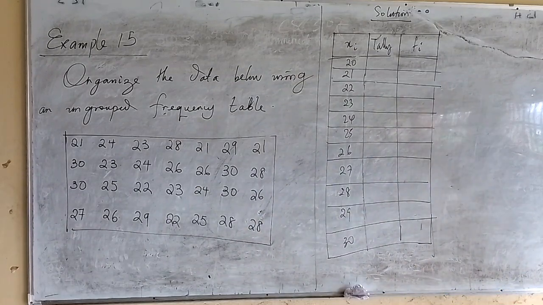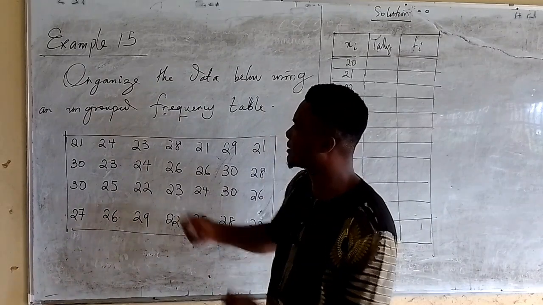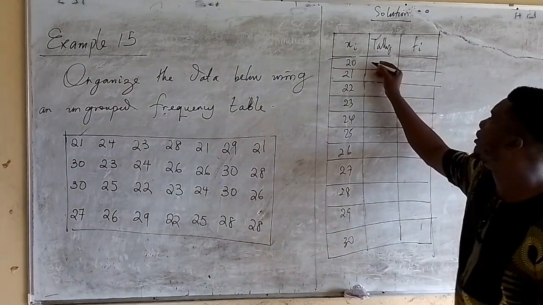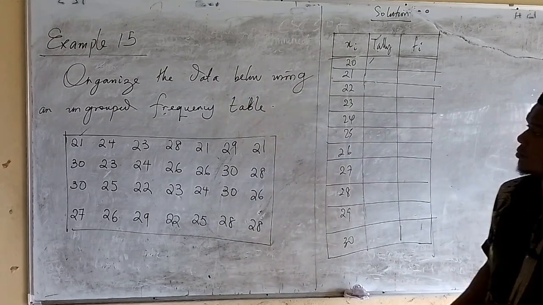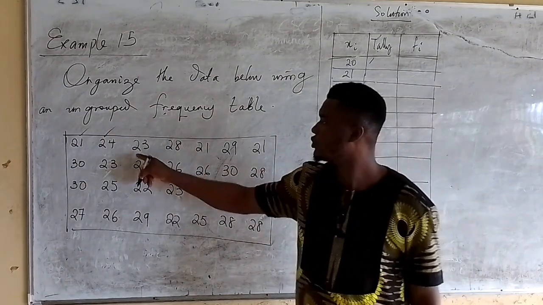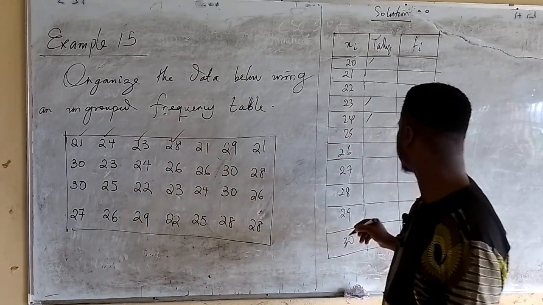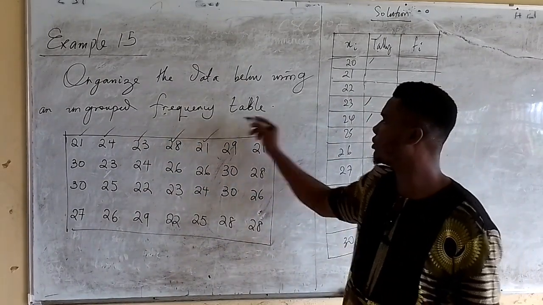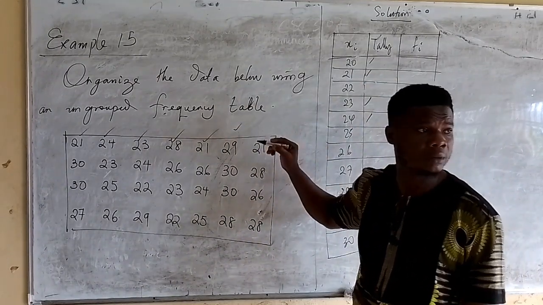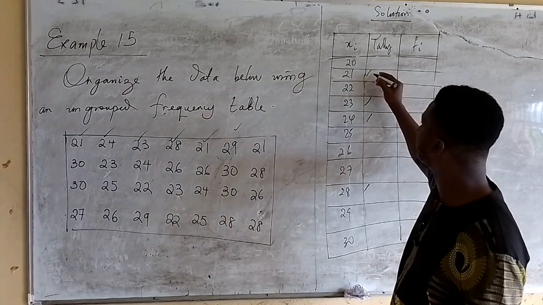I don't want us to dwell on this. Let's use our tallies. I'm going horizontally. 21, I'll use one stroke. 24 comes in here, one stroke. 23. 28, one stroke. 21. Okay, thank you.